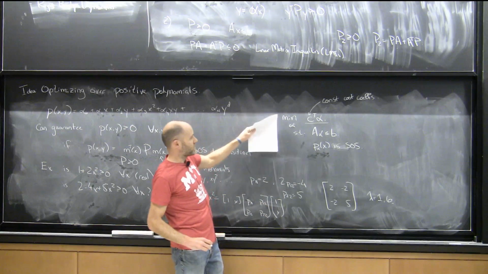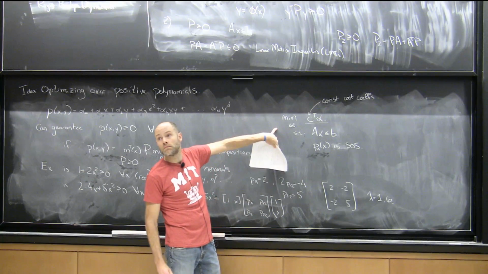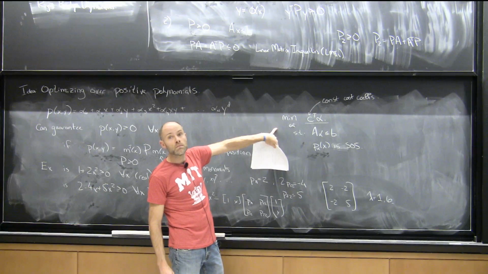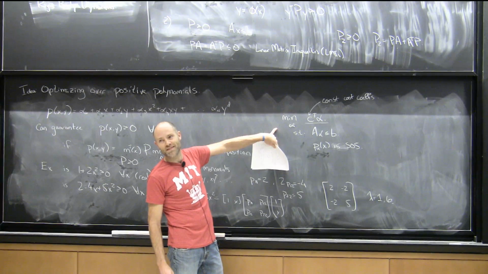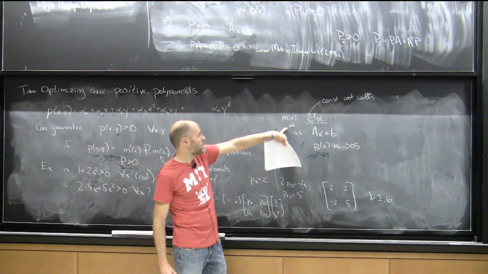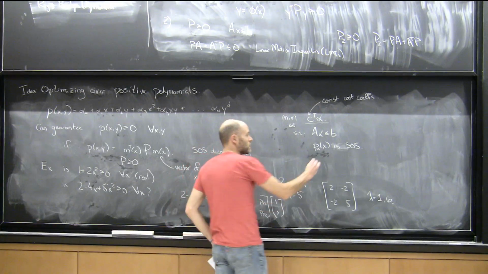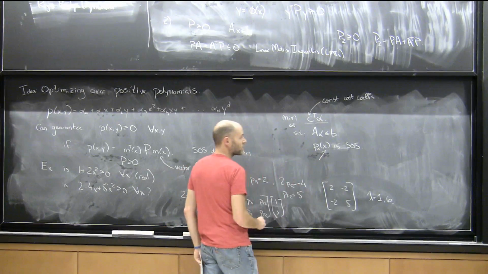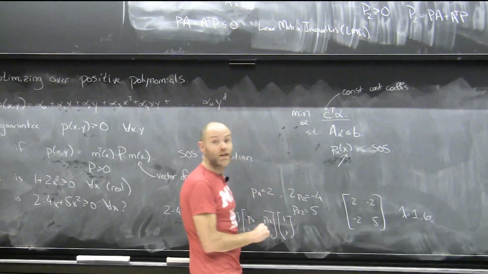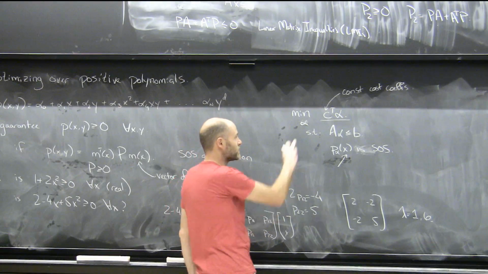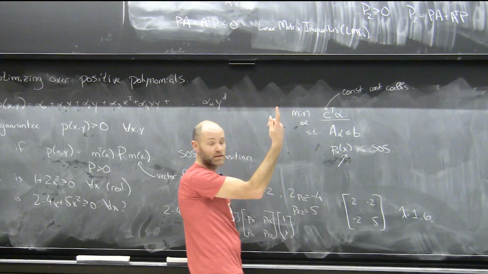So what are the decision variables in this problem? Alpha. Is X a decision variable? No, right? This is saying, I'd like it to hold for all X. Decision variables, you find a single value, right?